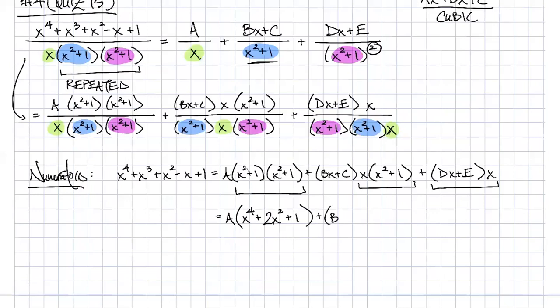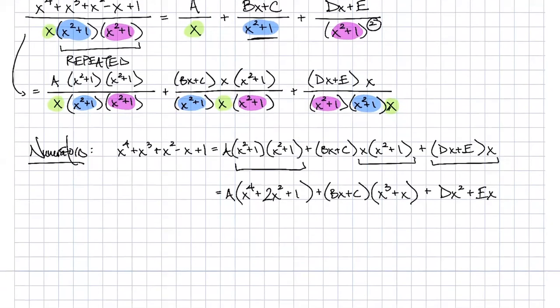Plus bx plus c times x cubed plus x plus dx squared plus ex. Okay, so far so good? Yeah. Now let's distribute that a. We're going to FOIL this part, and that last part is already good to go.